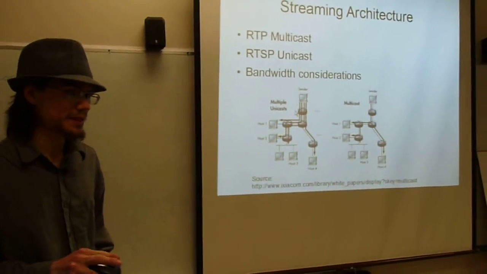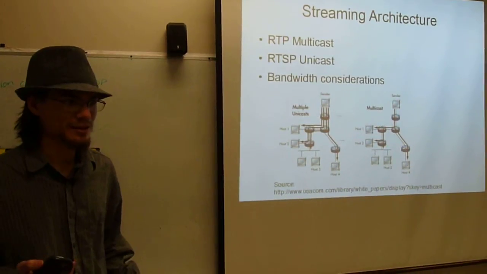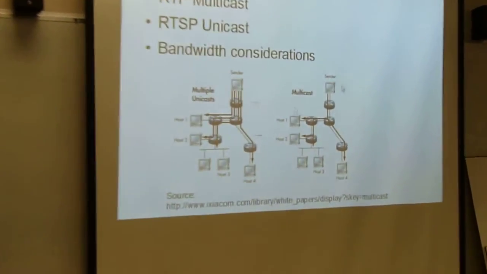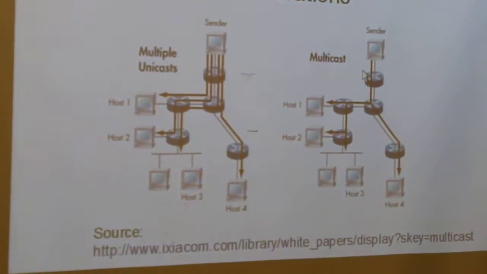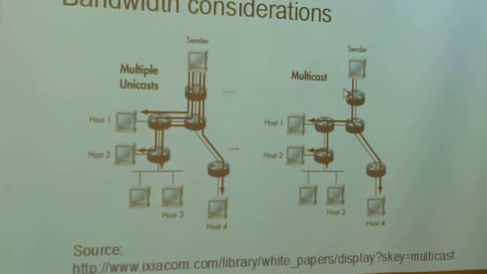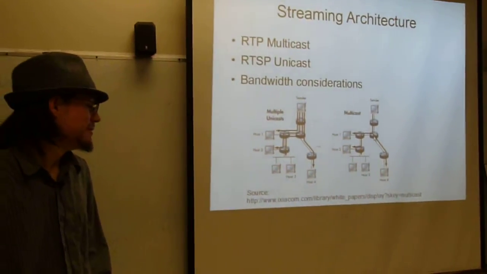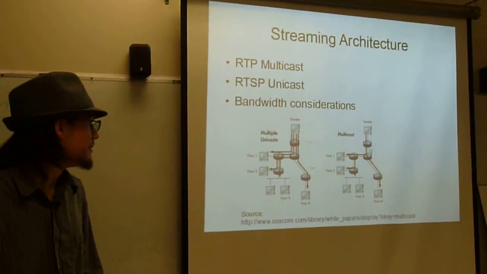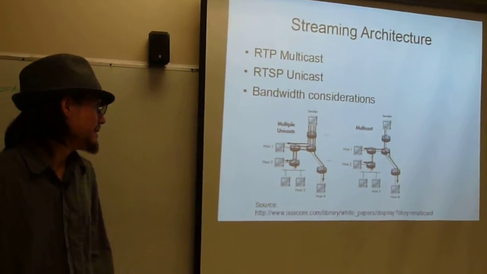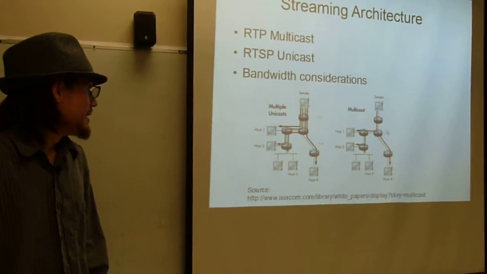So the bandwidth that the server has to output is linear depending on the number of clients connected to it. And then multicast is when you only send out one stream, and it doesn't vary depending on the number of clients. The stream is duplicated depending on the network architecture. So you can see if you follow the path, these circular things are routers or switches.